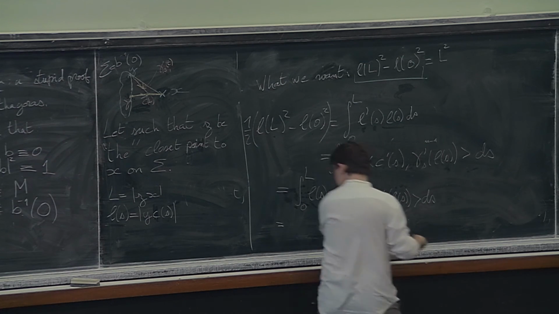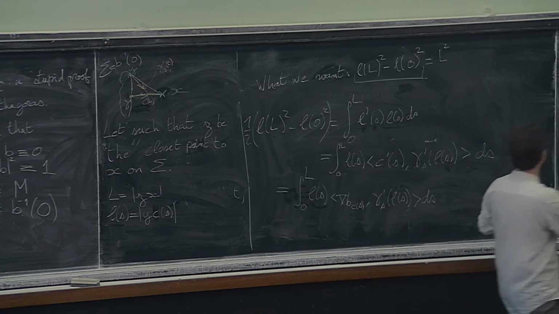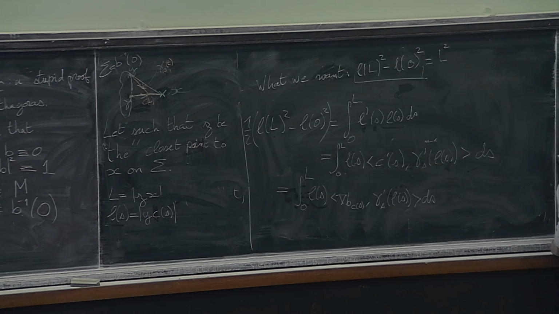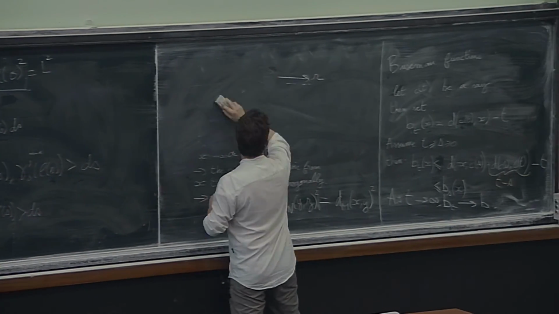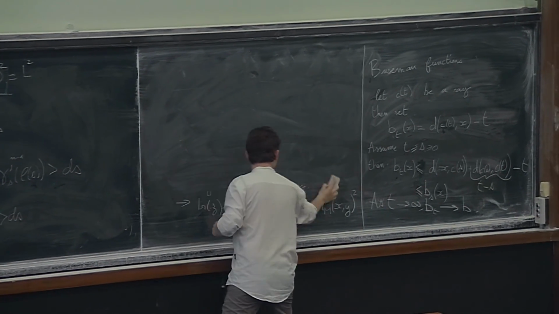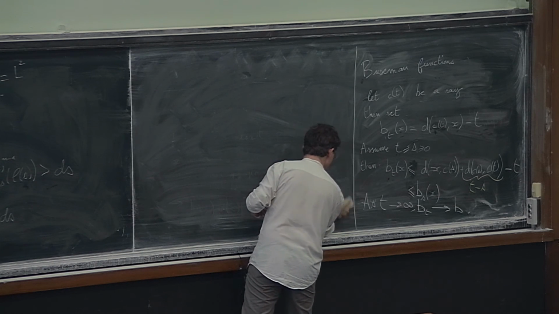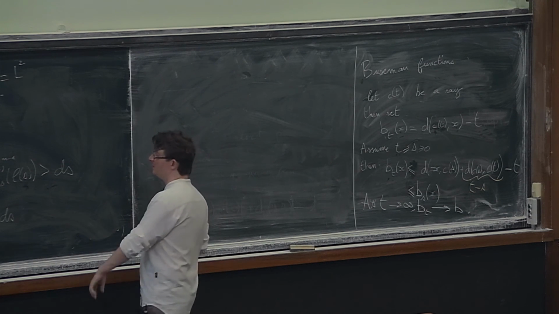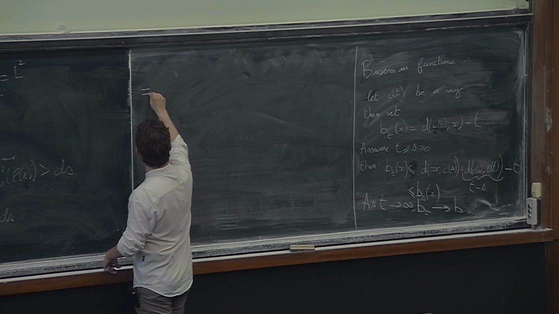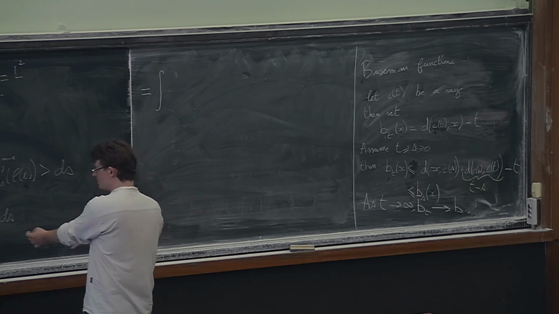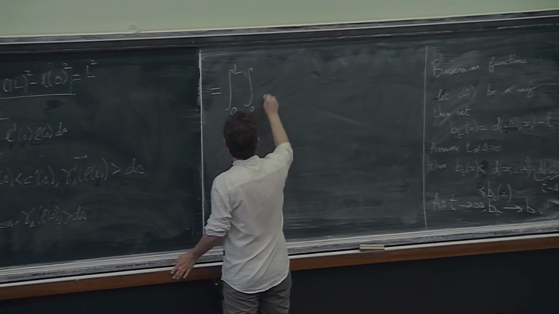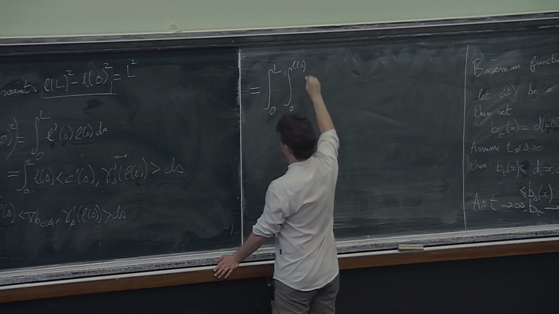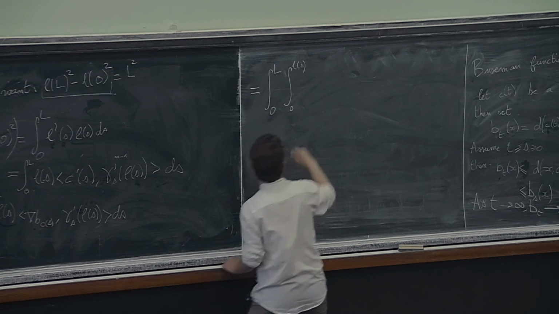Okay, so let's introduce some dummy variable. So this is equal to the integral from 0 to L, integral from 0 to little l of S, and I keep that.